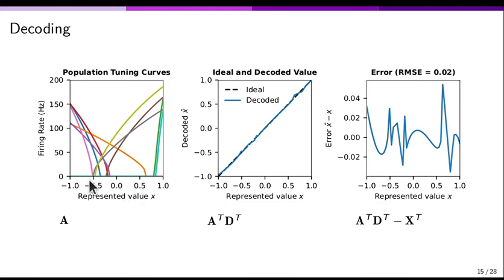The reason I'm doing an example here with one dimension is I can actually make these plots in one dimension. I can't really make these plots in higher dimensions. But in this one-dimensional case, I've sampled across this x-axis, and for each of those different x values, there's some firing rate of each neuron. Okay, that's these plots. So each of those lines is a different neuron.